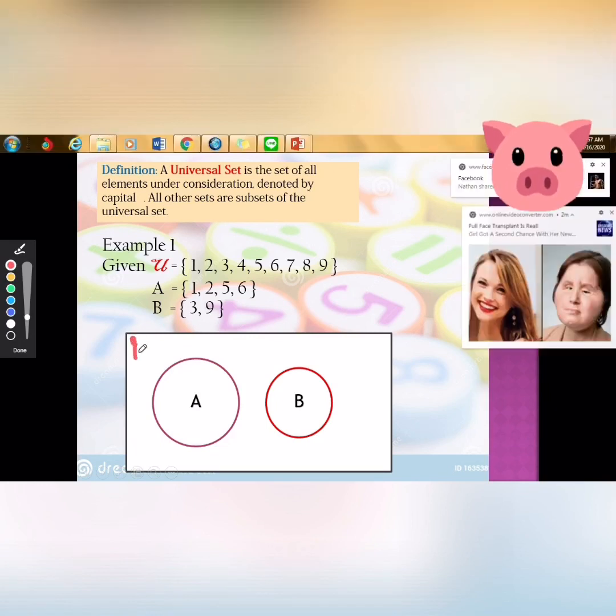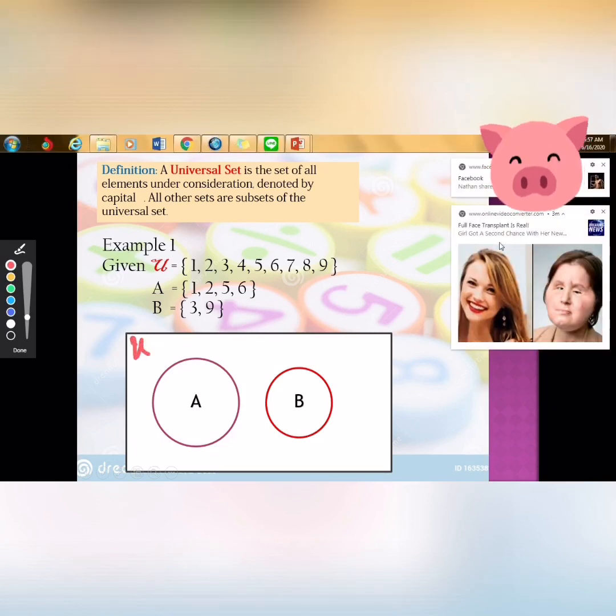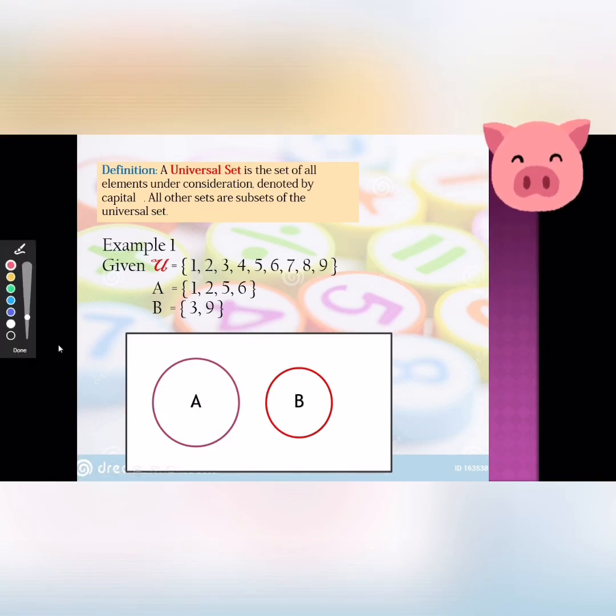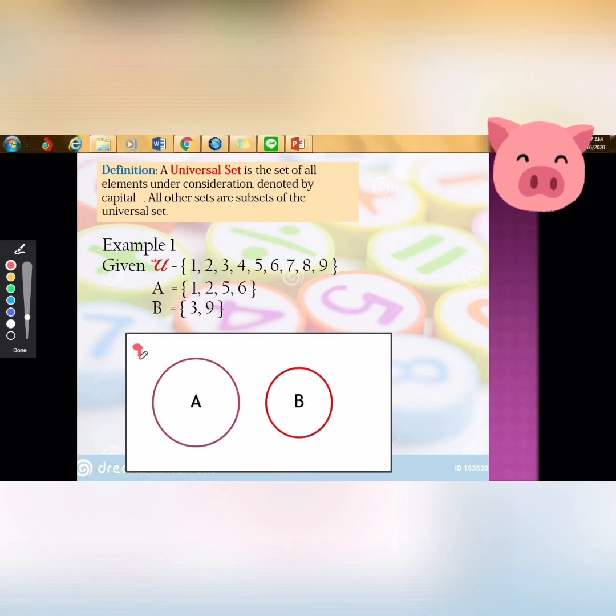I'm going to write here the universe sign. You can put it here, as long as it's inside of the rectangle.